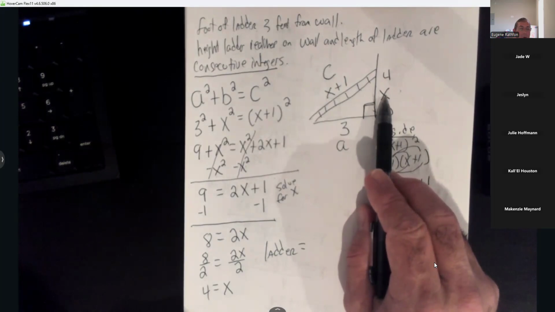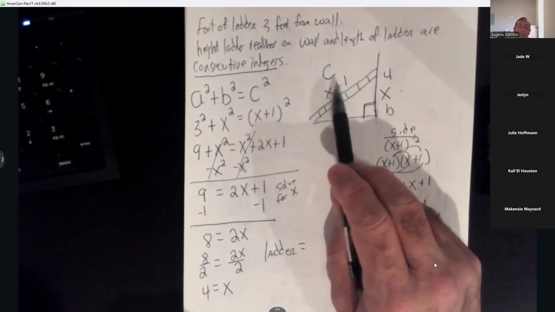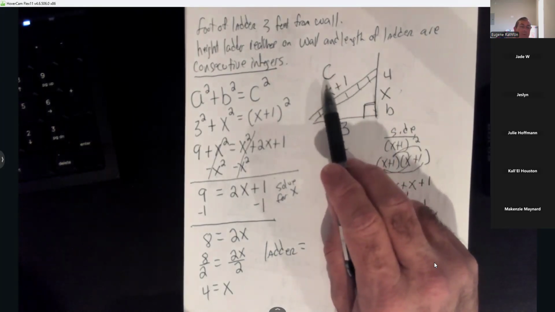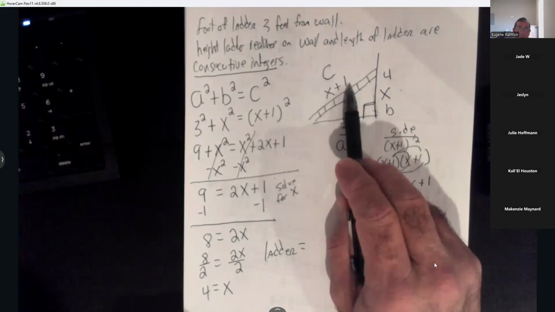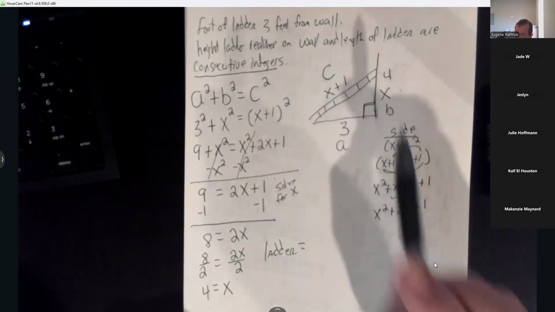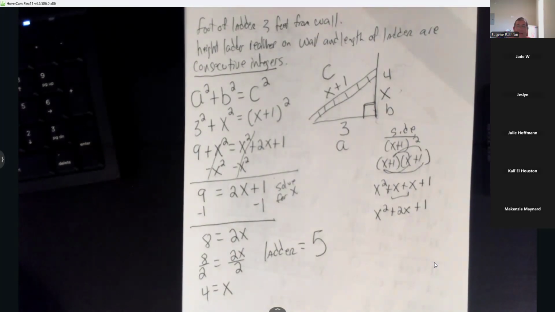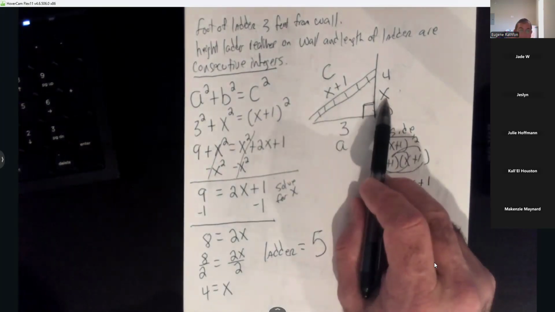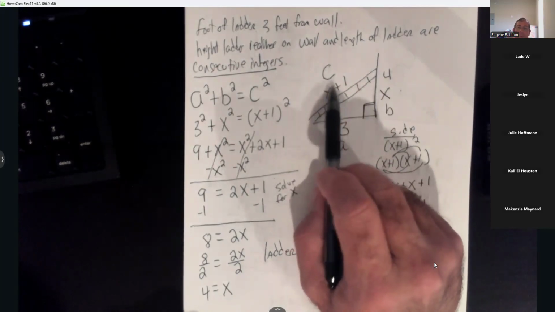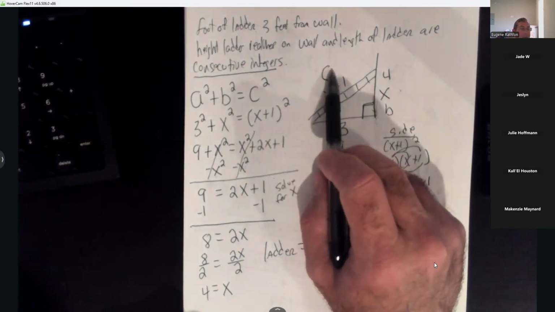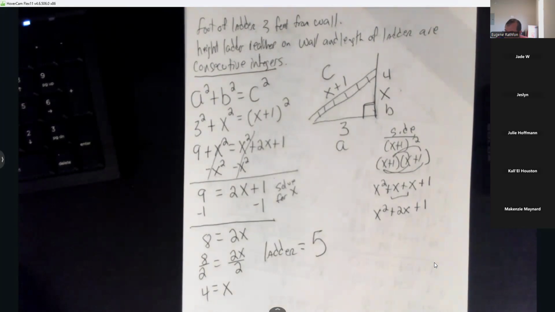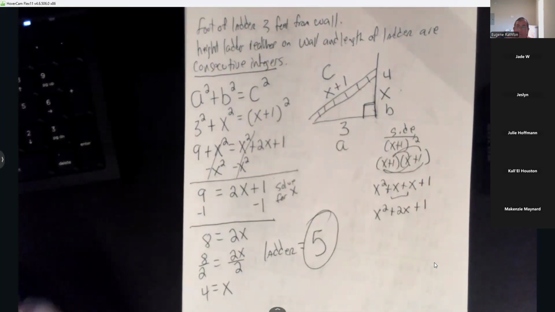So if x is 4, my ladder was x plus 1, which would be 4 plus 1. And what y'all got, Julie? I'm going to go with my ladder is 5. Yeah, don't square that. Remember, if this x was 4, then 4 plus 1 gave me 5 for my ladder, okay? So that's what MathLab wants, is that 5.